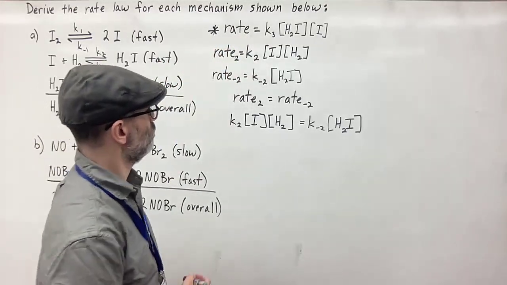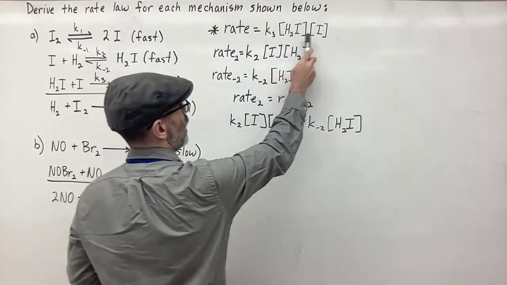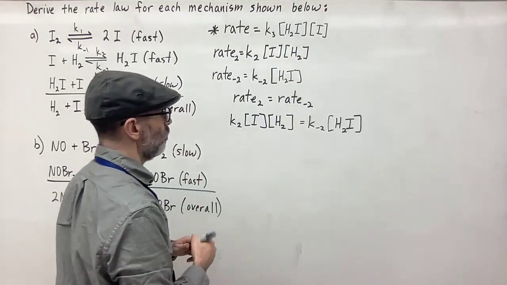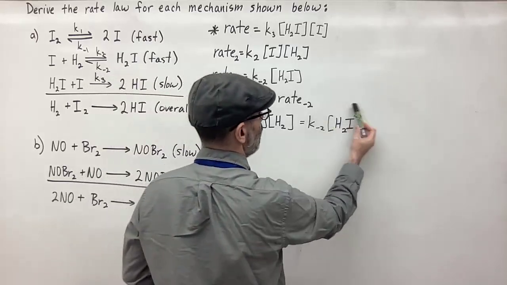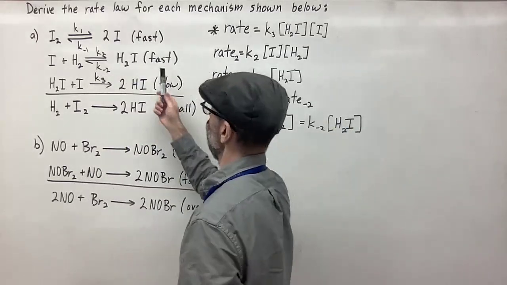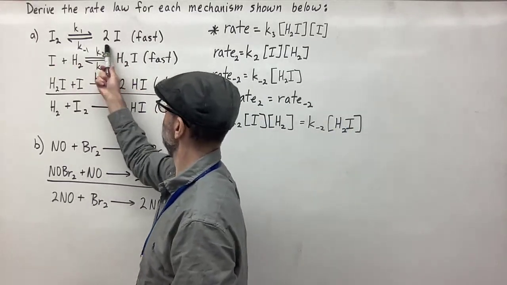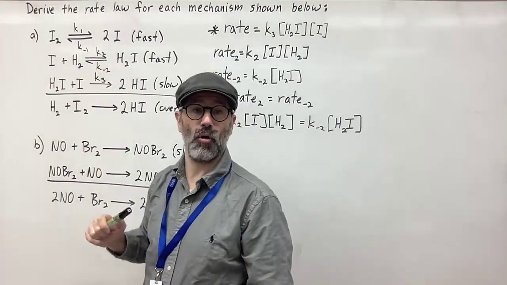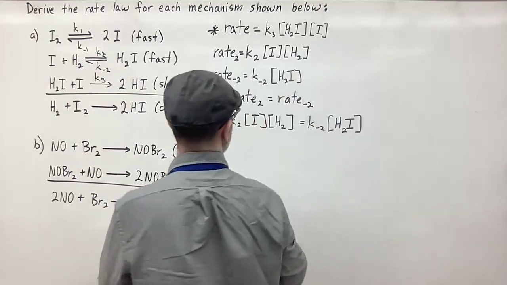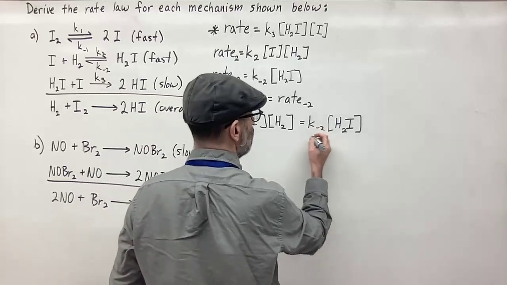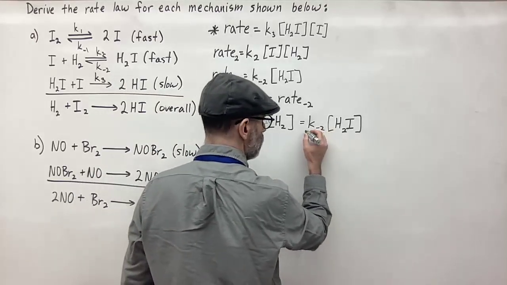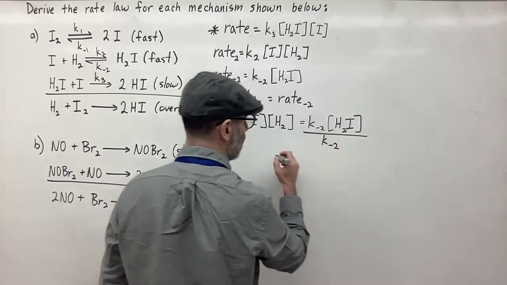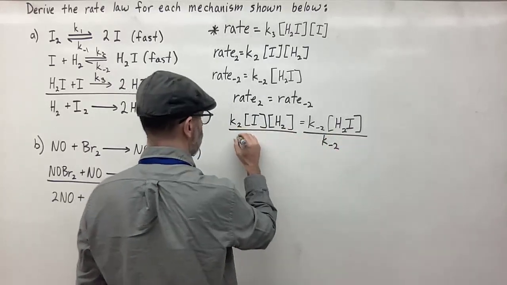Here we have I and H2I. Let's substitute in H2I, because you'll notice we have I here as well as I2, so we can use that for I later. We're going to solve this for H2I, so we divide both sides by K negative 2.